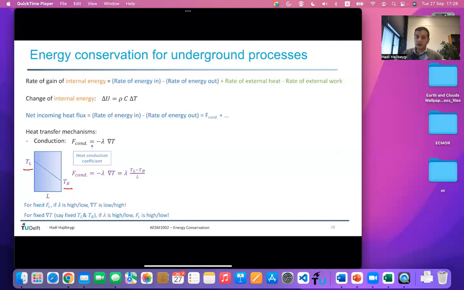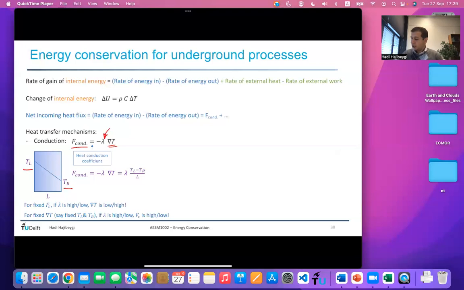That is called the flux of conduction heat. Heat flux of conduction. And that would mean that conductive heat flux will take place with the heat conduction coefficient, lambda here, and the gradient of temperature. And it would go downward with the temperature, which means it happens from high temperature to low temperature. So we multiply by a negative sign too.